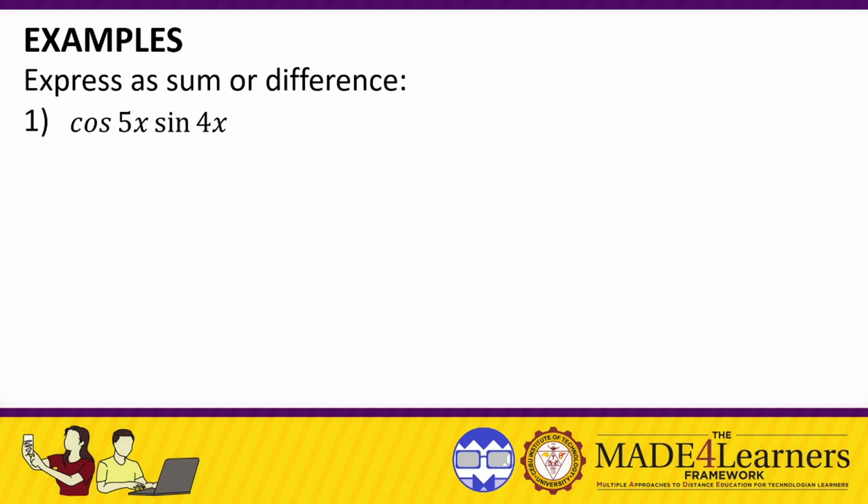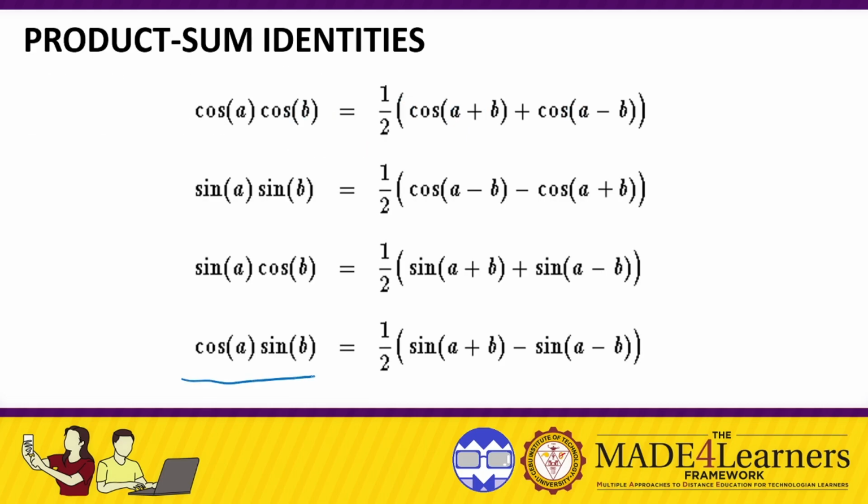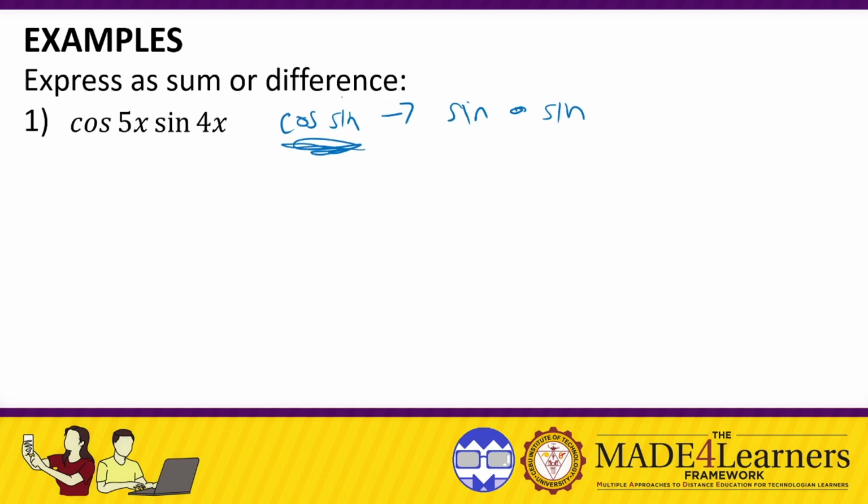It is cos sin, so they are different, and if it's different, the resulting pattern is sin sin. Since it's cos sin, it's plus minus minus. We will use this concept.